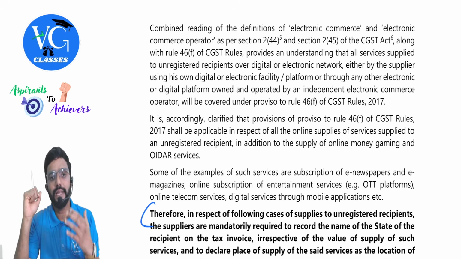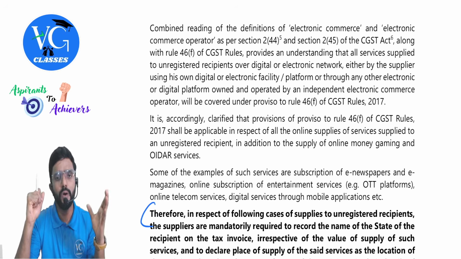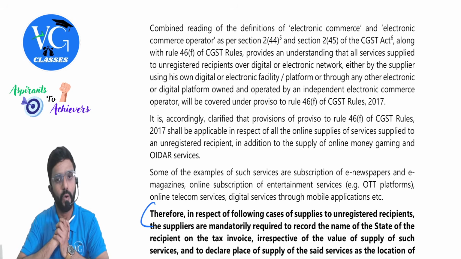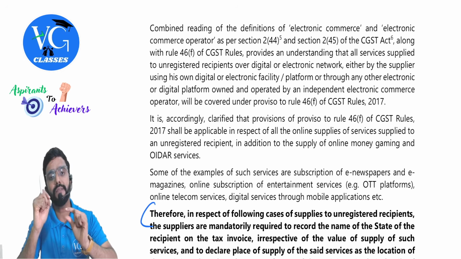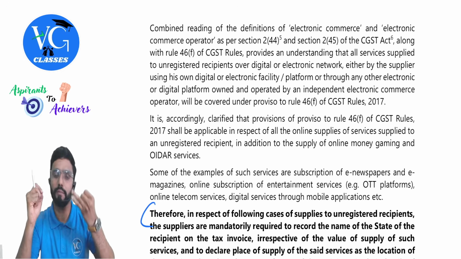That is, whether the supplier is supplying the services either through his own platform or through someone else, third party platform. Okay. So if he's supplying the services online through his own platform or someone else's platform, then he's covered here.